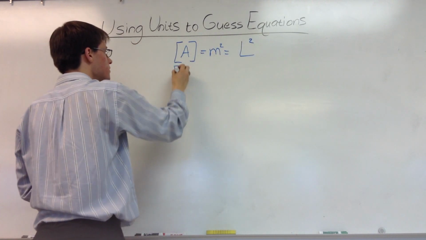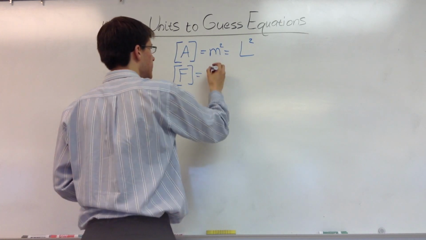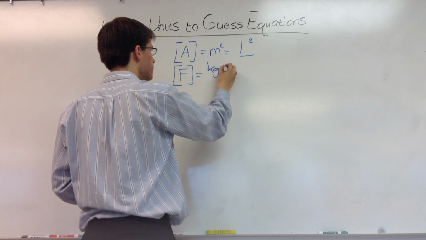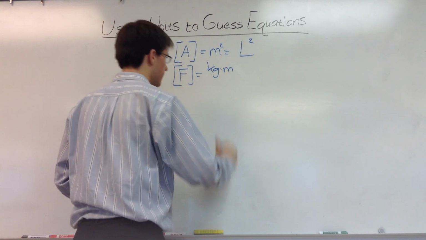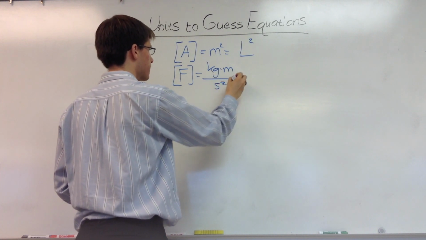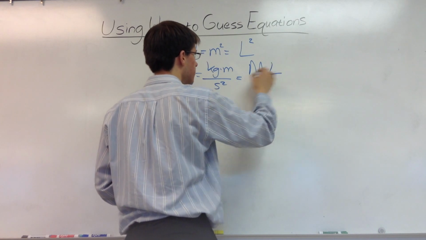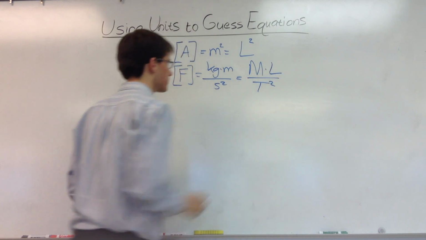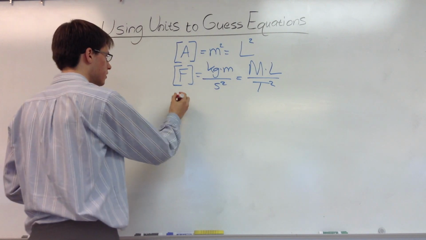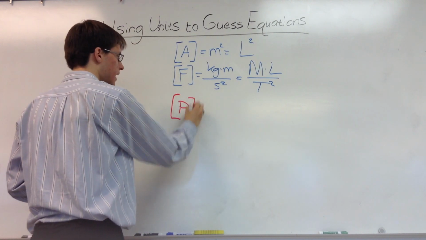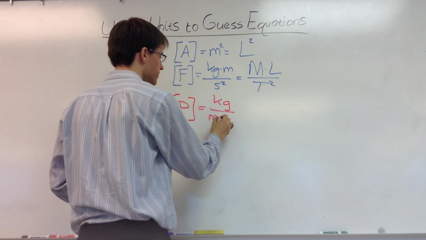I give you a force which has units of newtons, but you break that down, and it has units of kilograms times meters divided by seconds squared. And this would be mass times length divided by time squared. And from that, I want you to come up with an equation for pressure, where pressure has units of kilograms divided by meters times seconds squared.